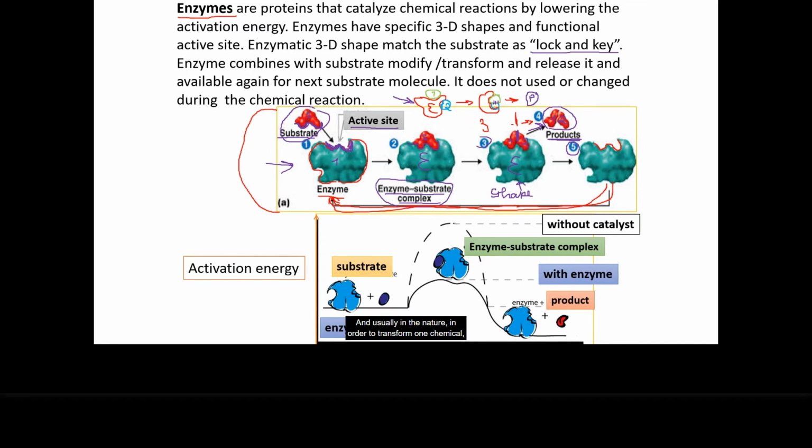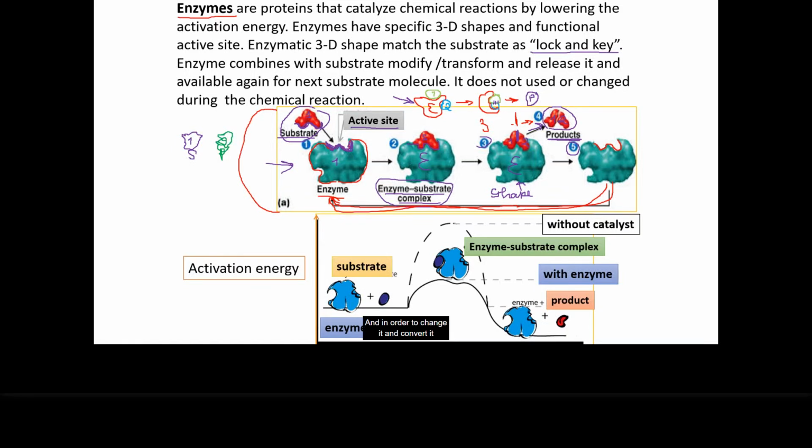And usually in nature, in order to transform one chemical, for example, we have a rock made up of one chemical, and in order to change it in nature, not in a living organism, to a different type of molecule product, we have one type of molecule, the substrate.